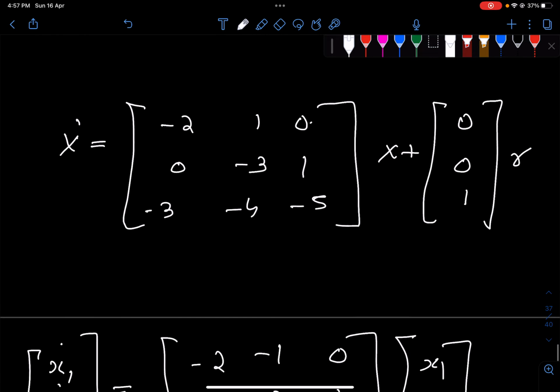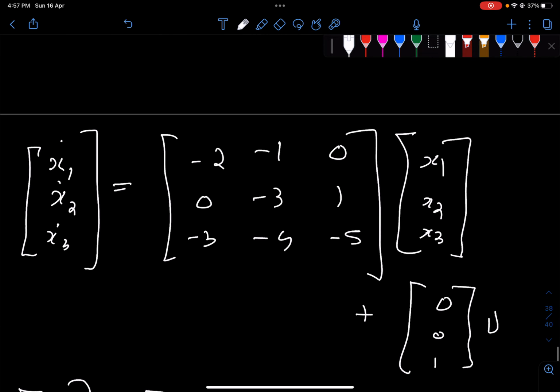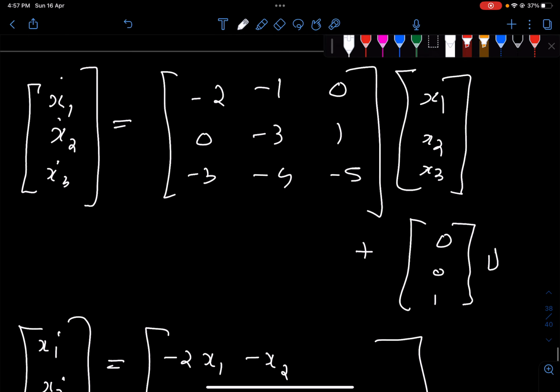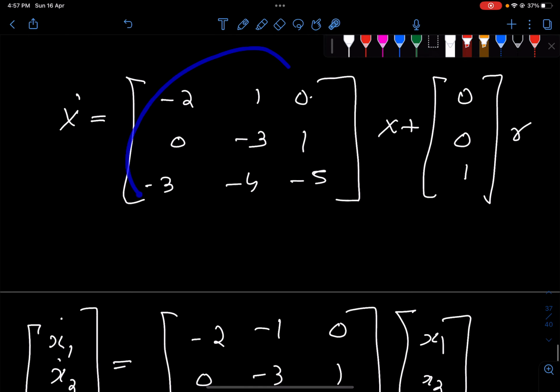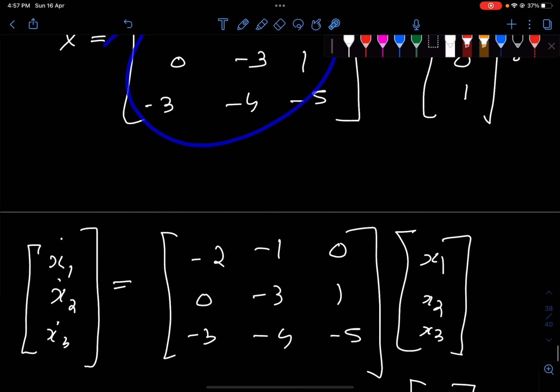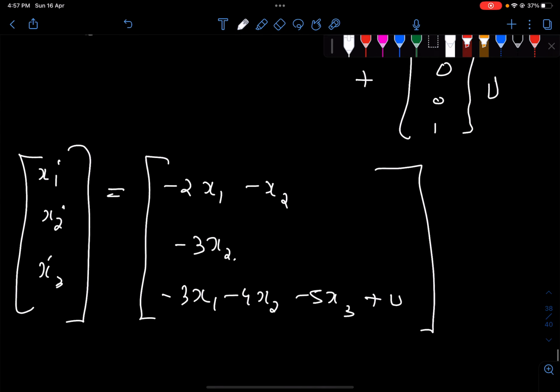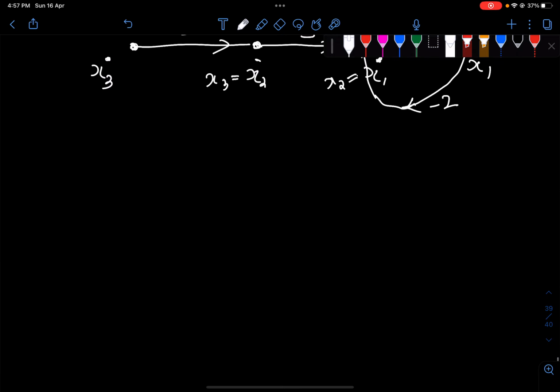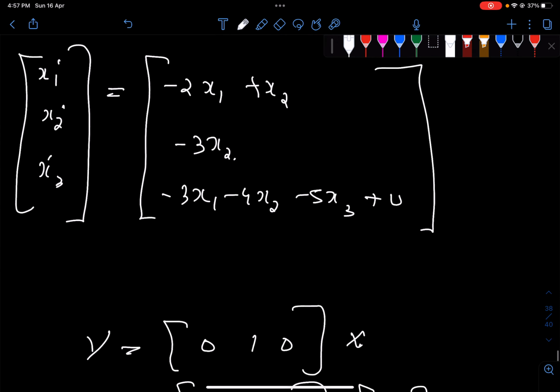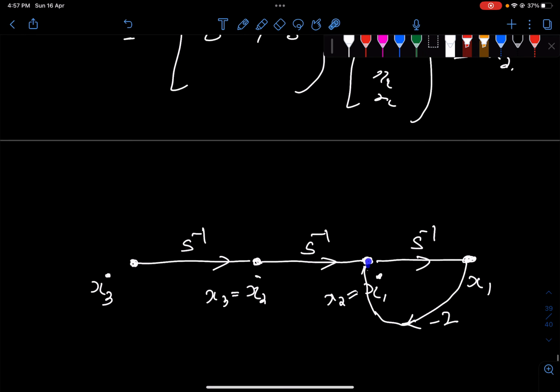Is it 0 1 0? Okay, in between I changed. It is minus 2 1 0, right? It is plus, so it is plus x2. So x1 dot is equal to minus 2 x1 plus x2. So you check this one. So this is x2 dot. From where? At this point the incoming should be what? The incoming message.